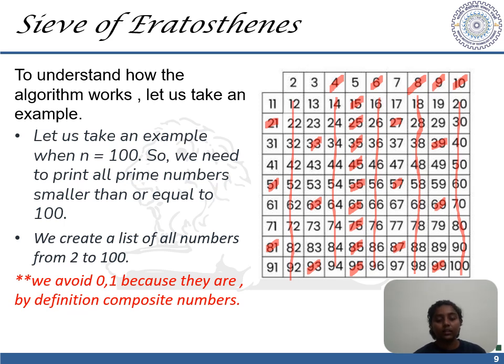And next 7, repeating the same process. 49 and 77, 91, and 8, 9, 10 have already been considered as not primes, and we don't have to check after 10 as we have discussed before.